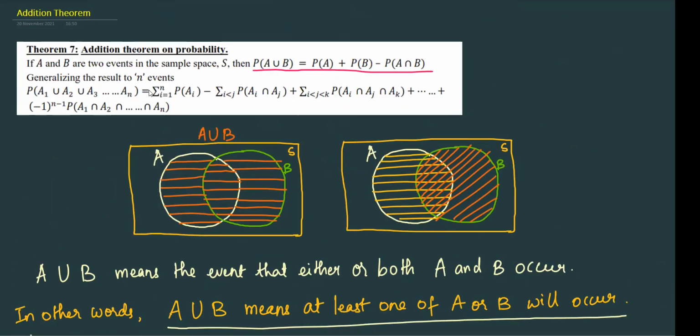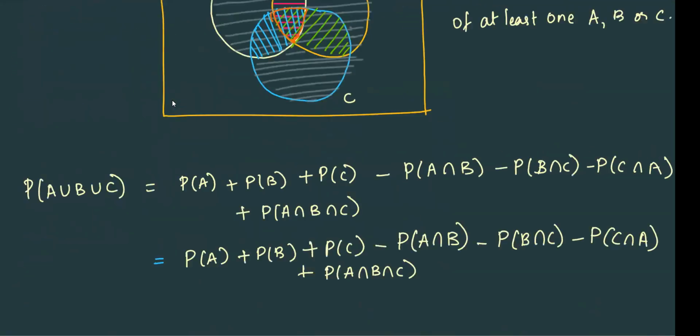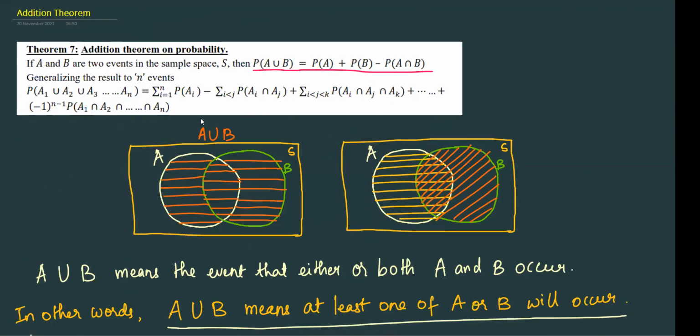Generalizing to n events, it is the sigma summation of probabilities of the single events, P of A plus P of B plus P of C. So it is A1, A2, A3 up to AN, minus taking combinations of two, A1 and A2, all such combinations, plus combinations of 3, A1, A2, A3, minus combinations of 4, plus combinations of 5, minus combinations of 6, plus combinations of 7. Like that, we can go on calculating.